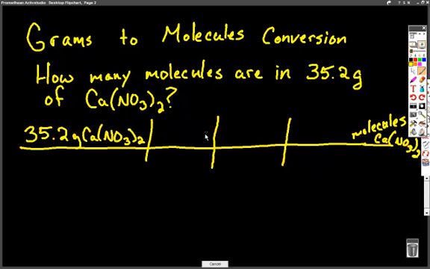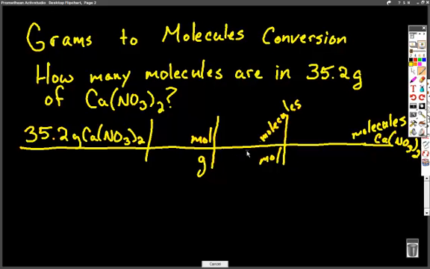The first thing we'll put here is that we want to go to moles, so we'll put 1 mole here, or the label mole there. We want to get rid of the label in grams, so we'll put grams underneath. Then the next step: whatever's up in the top left, you bring down to the bottom right, so it's going to be moles here at the bottom, and molecules up top.